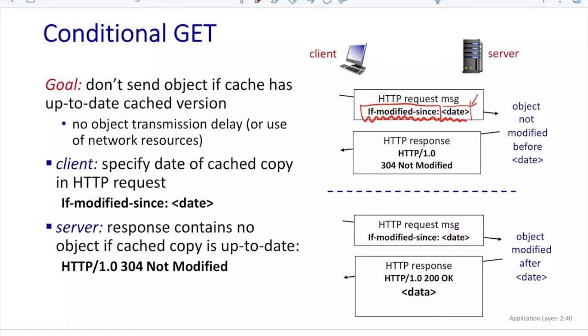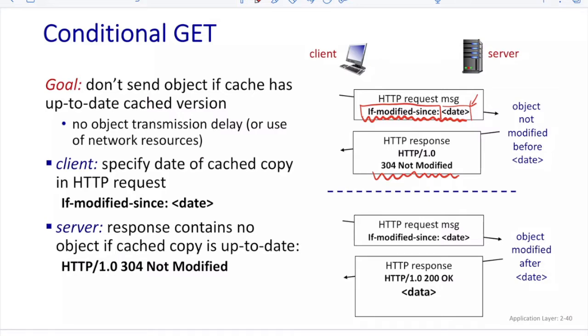Okay, so if the object is not modified, then the server can simply reply a very simple response with a status line, 304 Not Modified, and that's it.